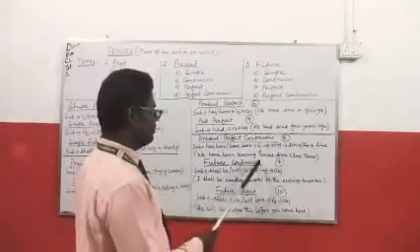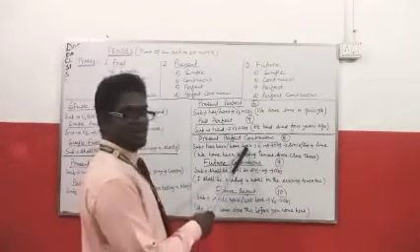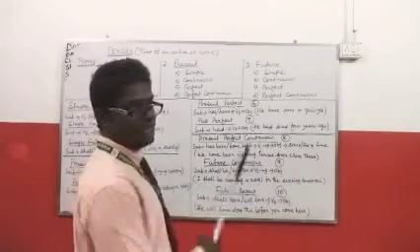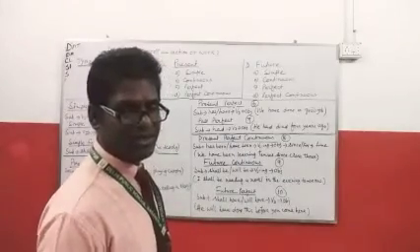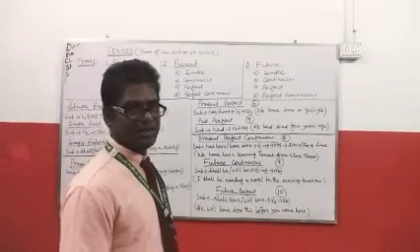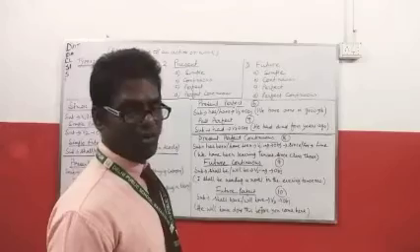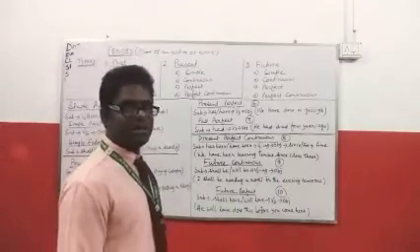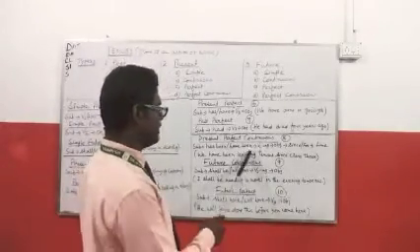Here you can see V3 is here: been. The third form of be verb is been. The first form of be verb is what? Am, is, are. The second form of be verb is was, were. The third form of be verb is been. Here the third form has been used.